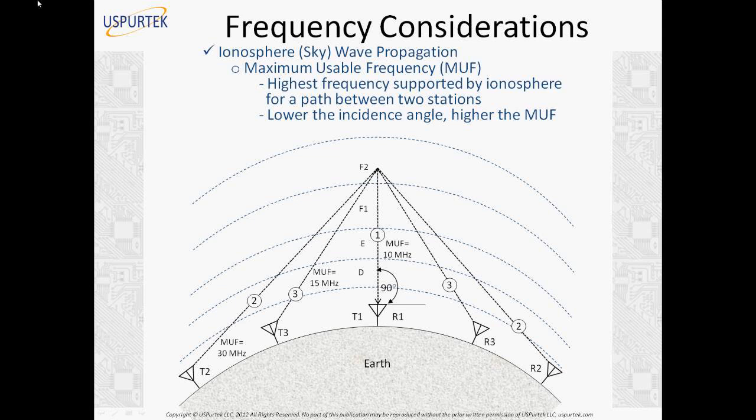These findings are from observation. There are agencies which publish these findings, what the maximum usable frequency will be at a certain point of time in the ionosphere. So in general, lower the incidence angle, higher is the maximum usable frequency. And by definition, it's the highest frequency supported by the ionosphere for any path between two stations.